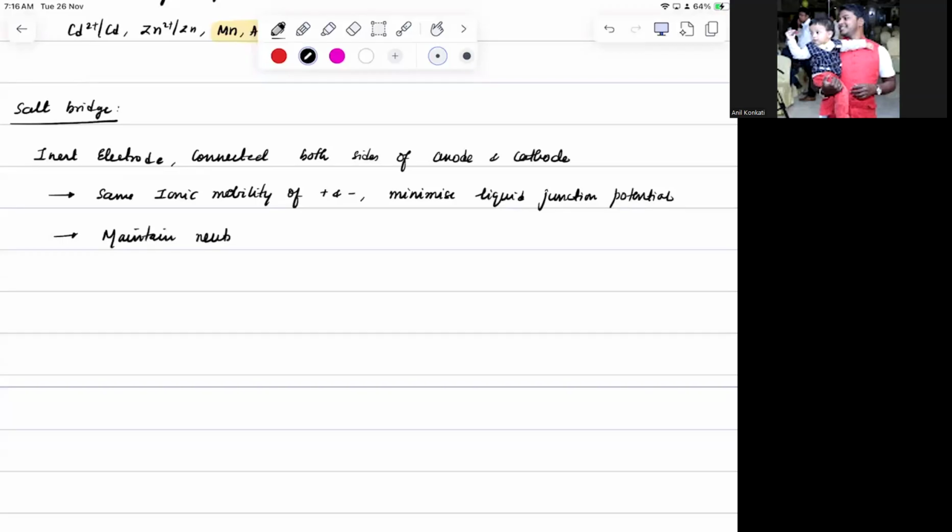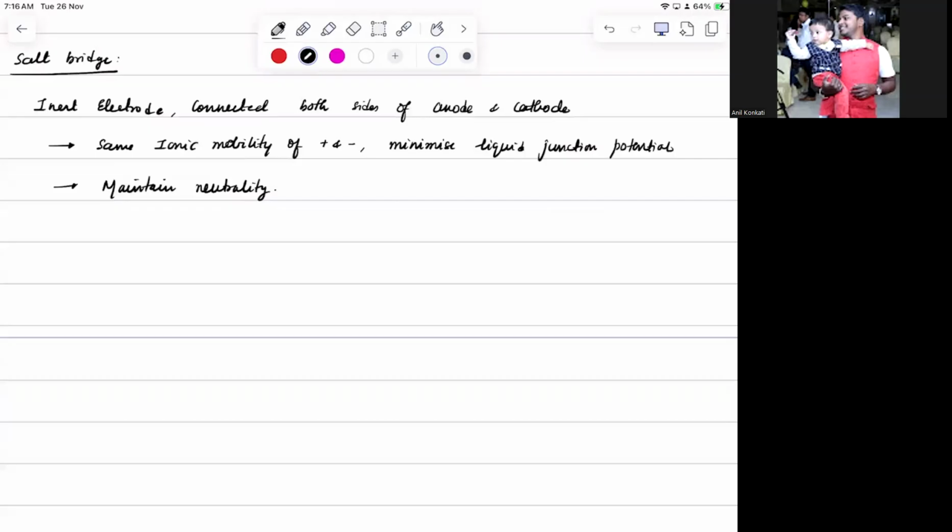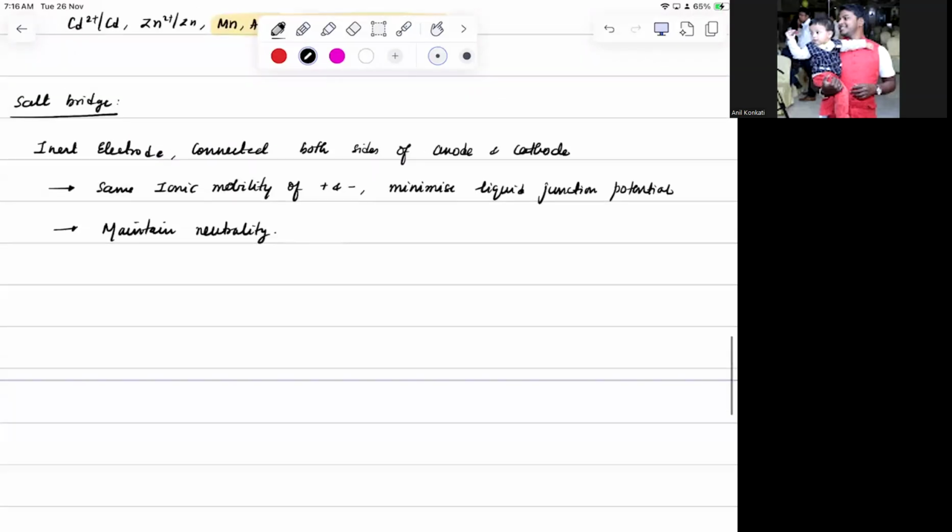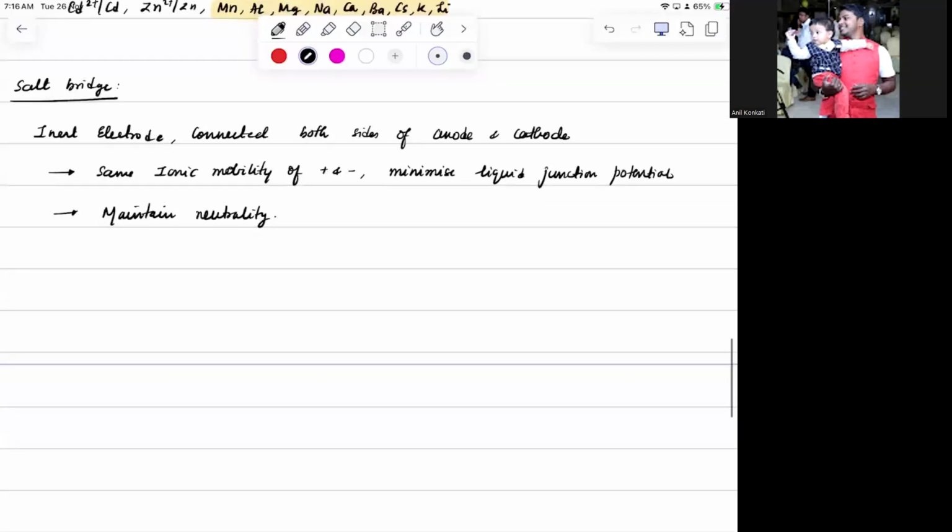These are important terms you need to understand when it comes to the salt bridge. It will always try to maintain the neutrality in both solutions. Regarding junction potential, it should not happen that ions from cathode to anode directly take a route through the salt bridge. So it should stop those ions from coming through.